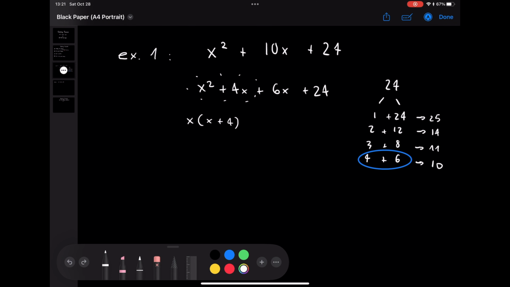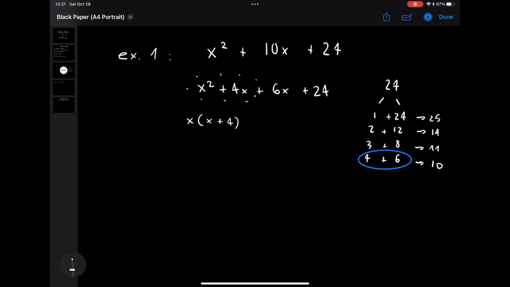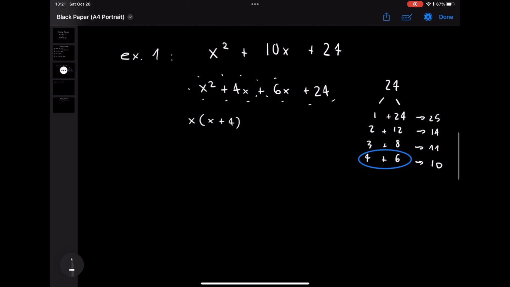Then in the second part of our equation, we can take out 6. Here, that would also be x plus 4, because 6 times 4 equals 24.